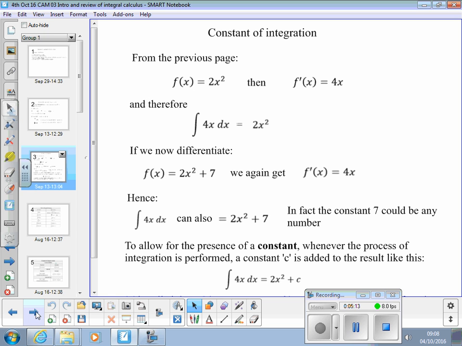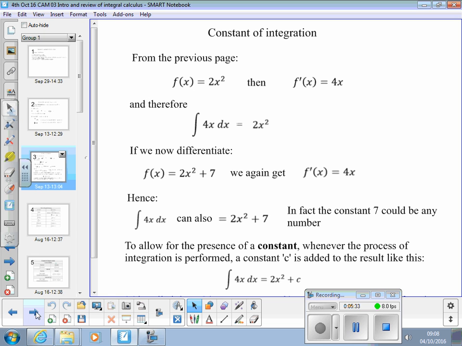What that means is that the integral of 4x could also be 2x squared plus 7. In fact, it could be 2x squared plus any constant, positive or negative.